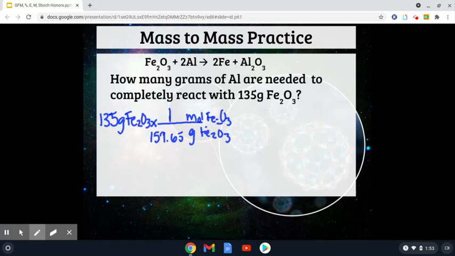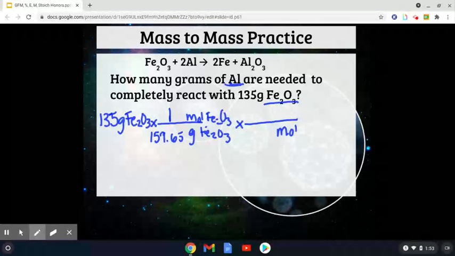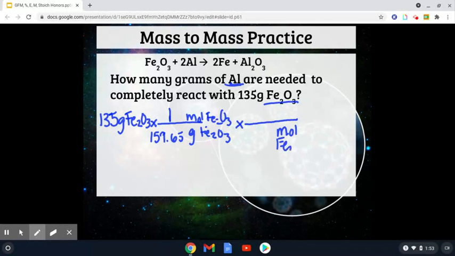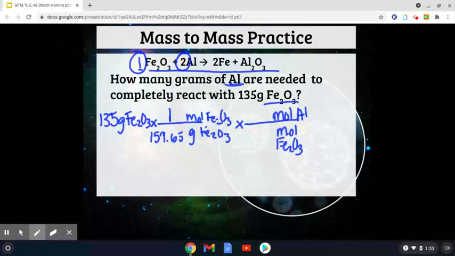So now I want to do a mole to mole conversion factor. I want to go from moles of iron 3 oxide into moles of aluminum. And these numbers come right from the balanced equation. For every 2 moles of aluminum, there is 1 mole of iron 3 oxide.